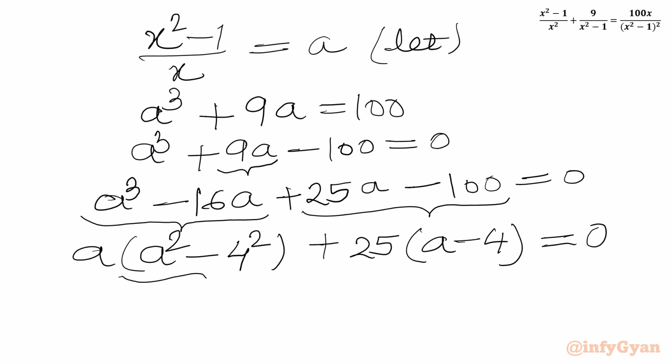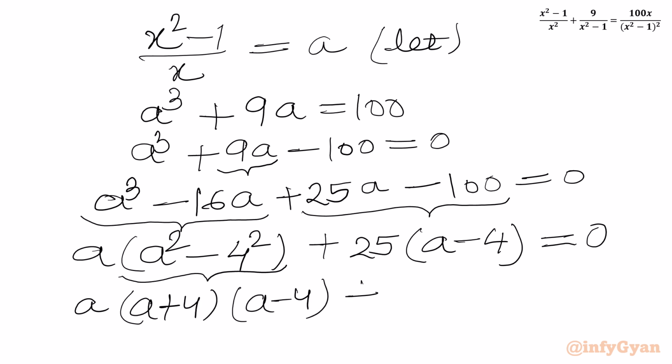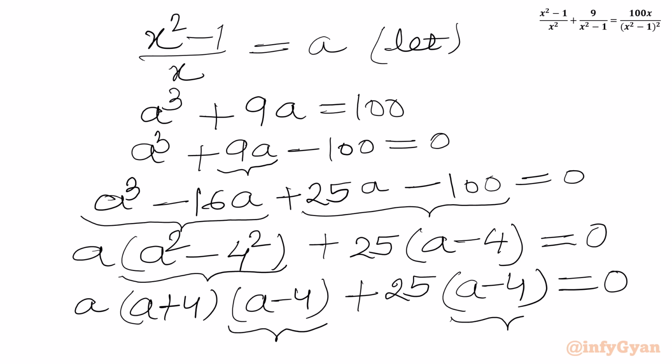Now here we can apply the difference of two squares formula. So a times (a + 4)(a − 4) + 25(a − 4) = 0. Now we will take a − 4 common out.